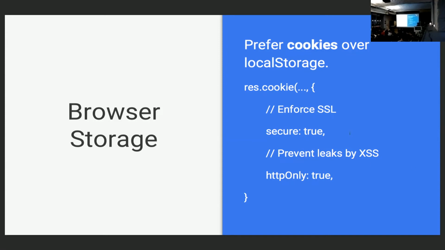So you can set the cookie with, for instance, this HttpOnly here that says if you have a cross-site scripting vulnerability on your website, at least with this option, your token cannot be stolen. So the attack is not persistent. You can set that. Every browser supports it. You can set secure to avoid having this token traveling without SSL. So that's why I recommend using cookies instead of the local storage.